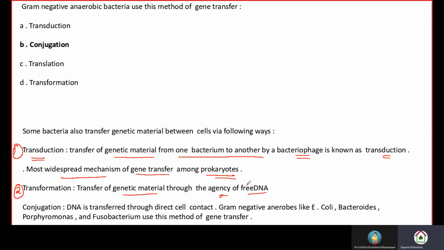Number three is conjugation, in which DNA is transferred through direct cell contact. Gram-negative bacteria or gram-negative anaerobes use this process, that is E. coli, Bacteroides, Porphyromonas, Fusobacterium.